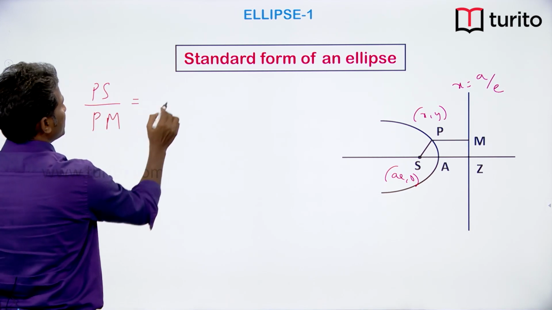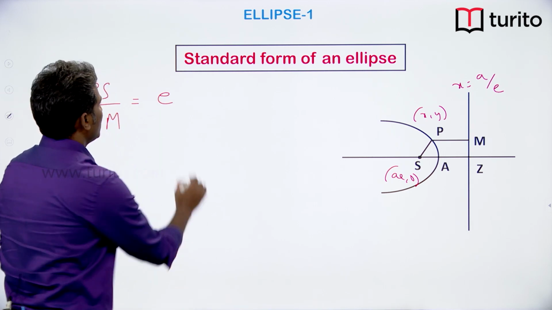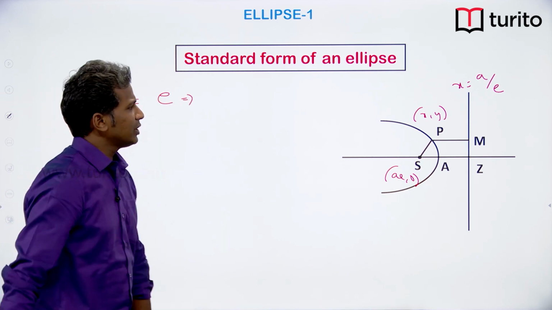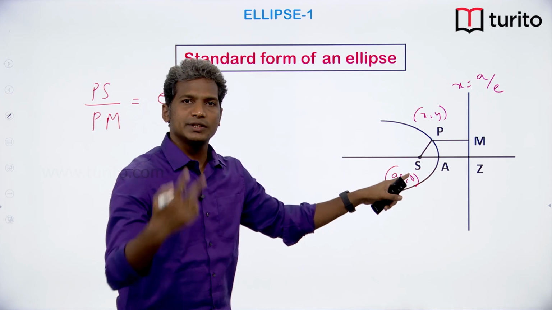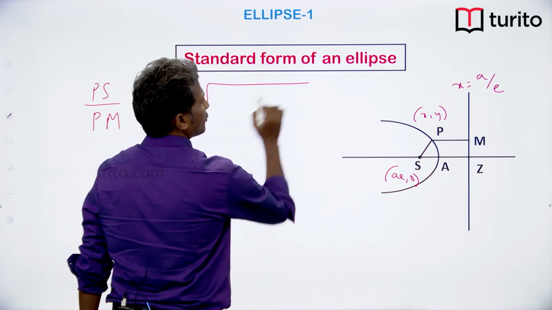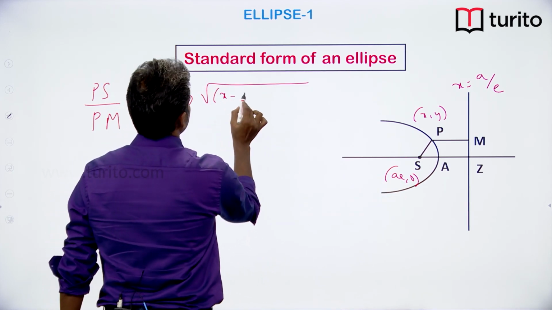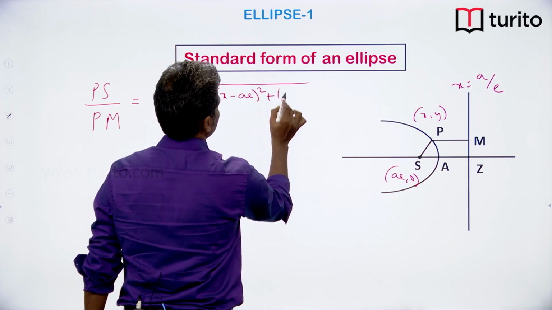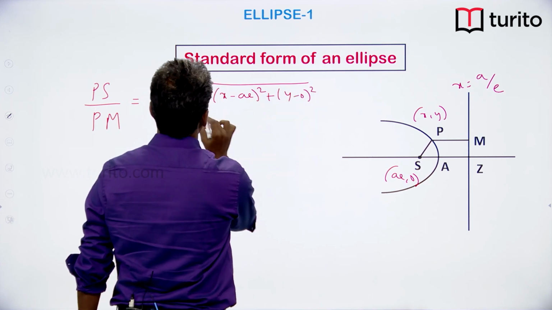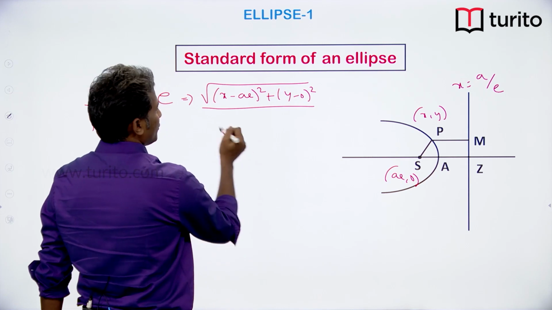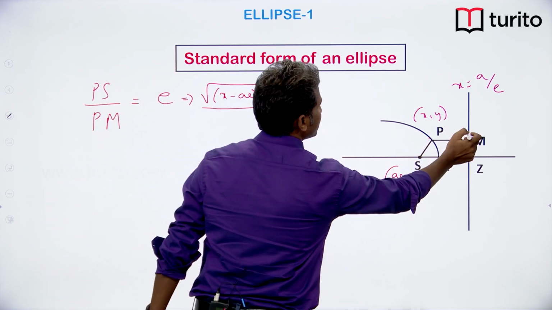So PS by PM must be e, and we know that PS is the distance between these two points. We can apply the distance formula, which gives the square root of x minus ae whole square plus y minus 0 whole square, divided by the distance of this point from this line.